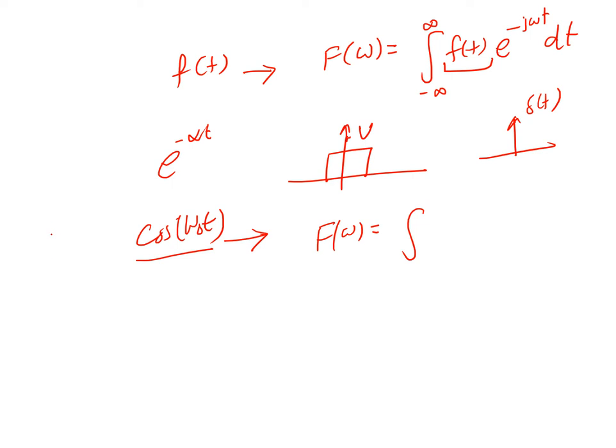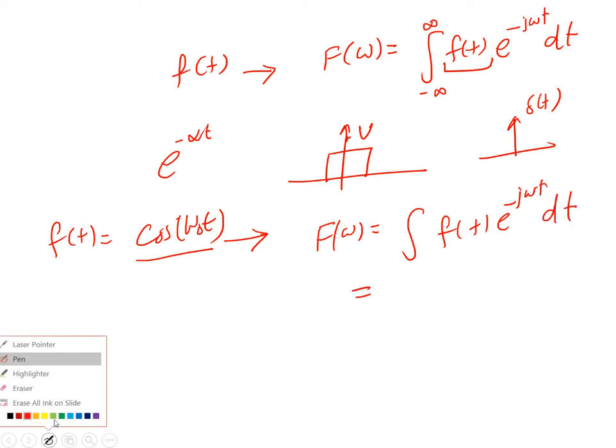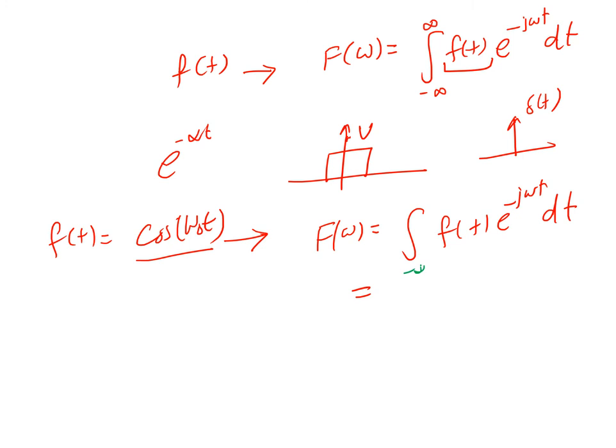So this is f(t). The formula is the integral of f(t) e to the power minus j omega t times dt. So f(t) is cosine of omega naught t, times e to the power minus j omega t, dt.